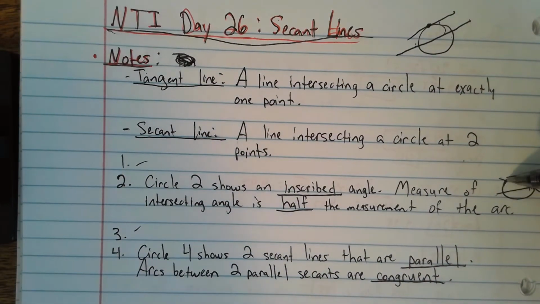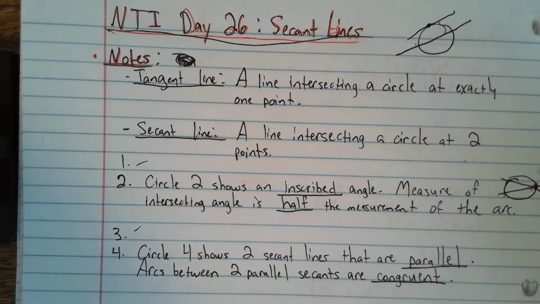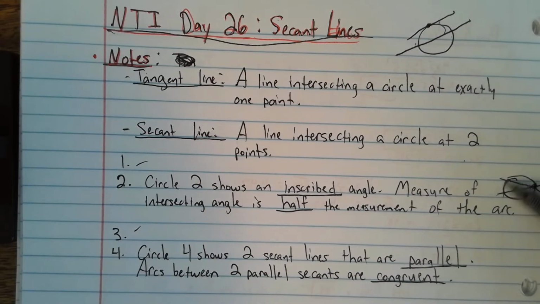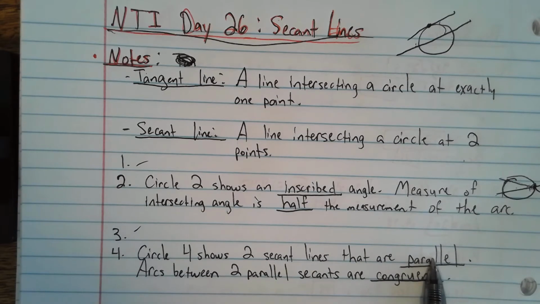We've been doing this for a couple weeks now. We know that the central angle equals this arc. We know that the inscribed angle is half of that arc. Okay, number 3 is circle 3. We haven't discussed yet, but we will. And then circle 4 shows 2 secant lines that are parallel.